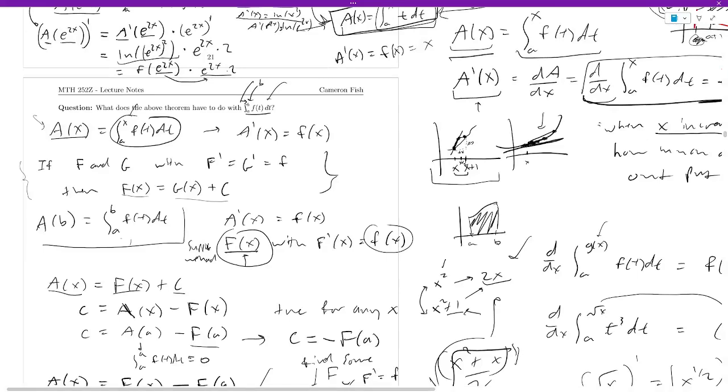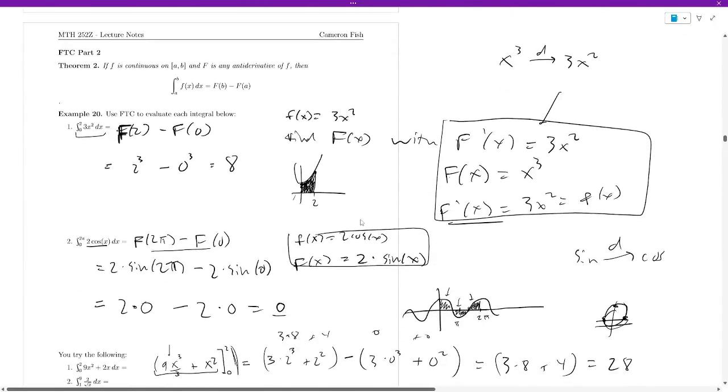That was useful for thinking about accumulation, but also in particular useful for finding area. I can use that idea to build a way to compute this integral, which is really what I'm interested in. Fundamental theorem part 2 is that integral. So how do I do an integral? If I don't want to do a Riemann sum, I don't have to, because all I have to do is find an antiderivative of your integrand, the thing you're integrating, and then plug in the two bounds a and b.